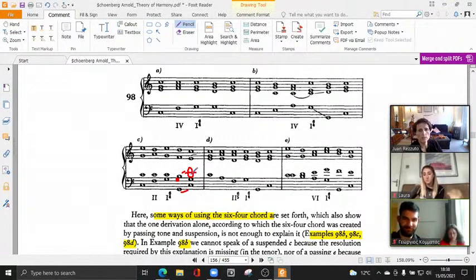And then you have B with D, B ascending, D descending, so taken by contrary motion, that's fantastic. So everything goes all right. So you could do it or not. In this example, you don't. The tonic is here, but you decide not to go. So it's a freer treatment.